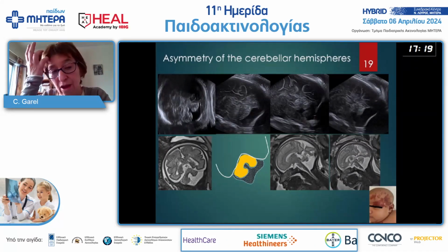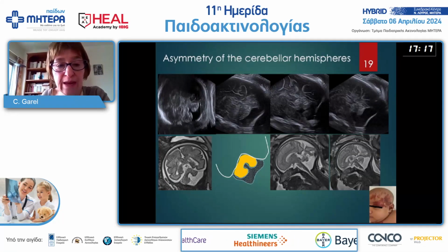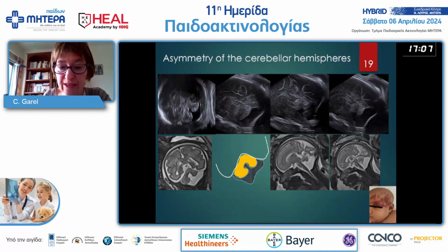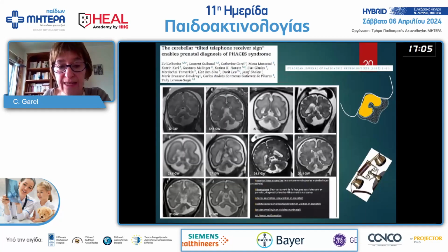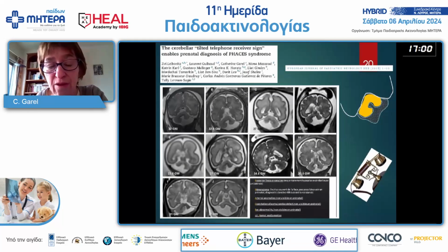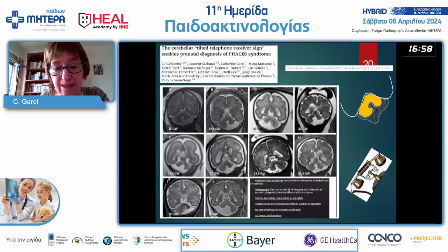This is an example of a particular type of asymmetry of the cerebellar hemispheres that you can see here. It displays a very specific pattern that we have described in this article and compared the cerebellum to a tilted telephone receiver.